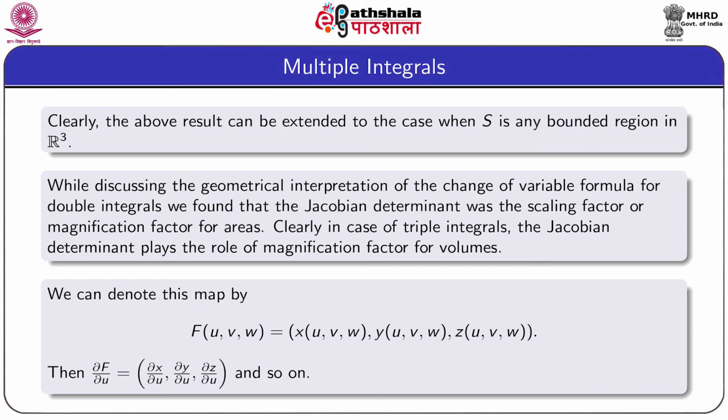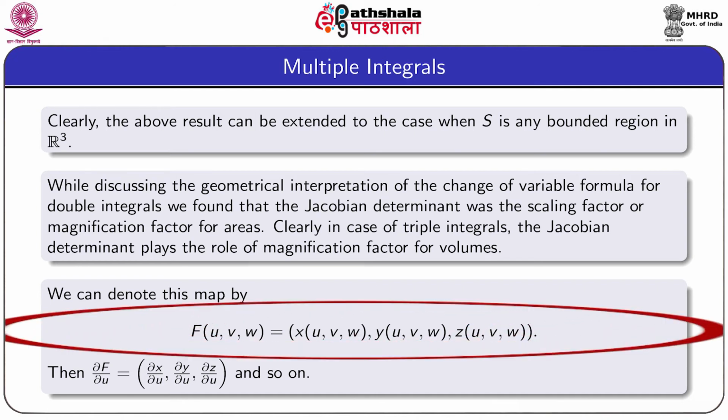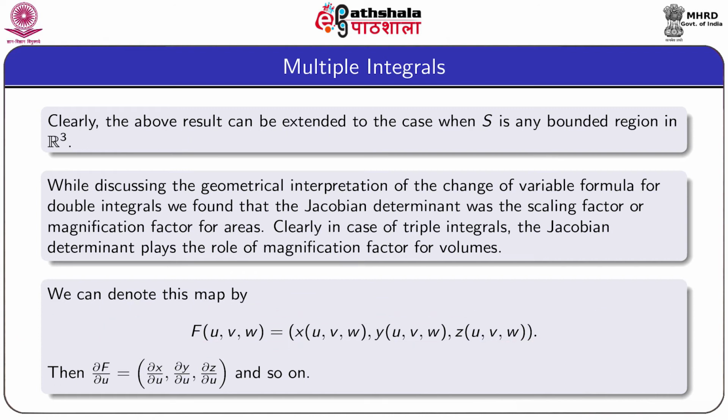We can denote this map by f(u,v,w) equal to (x(u,v,w), y(u,v,w), z(u,v,w)). Then ∂f/∂u equals (∂x/∂u, ∂y/∂u, ∂z/∂u), and so on.